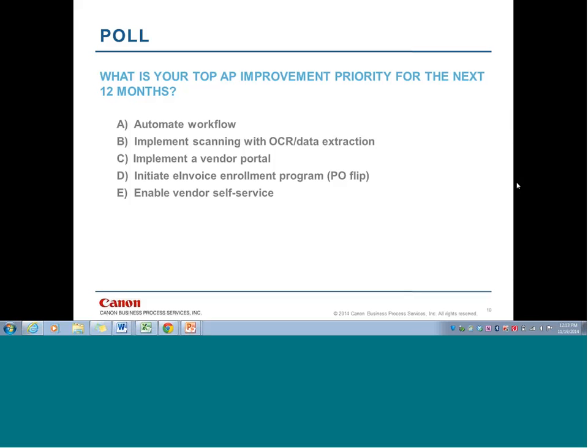Is it automated workflow? Is it implement scanning with OCR data extraction? Is it implement a vendor portal? Initiate e-invoice enrollment program? Enable vendor self-service? If you can take a moment, we'll wait a few seconds here, and if you can respond to the question.